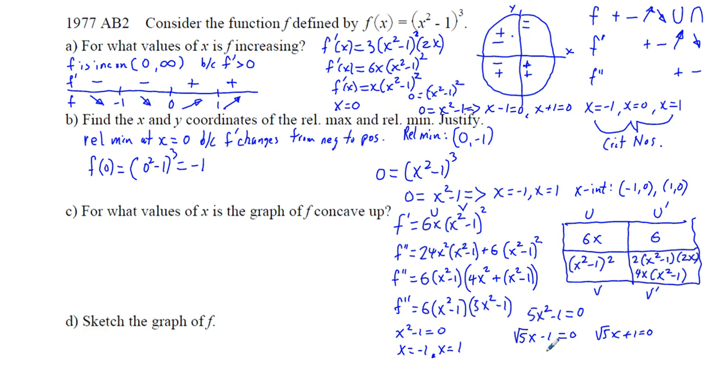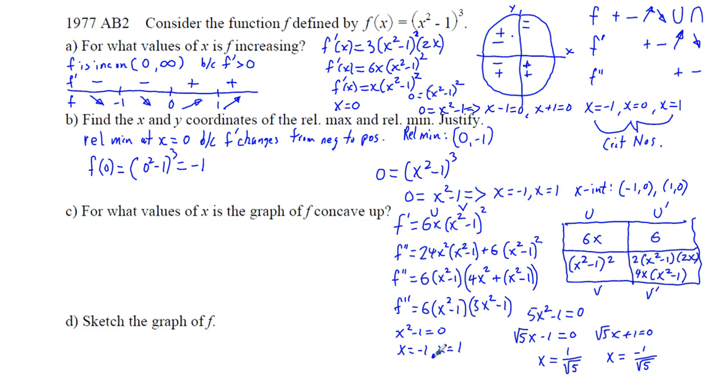In solving for x, we're going to have x is equal to 1 over square root of 5, and then we're also going to have x is equal to negative 1 over square root of 5.